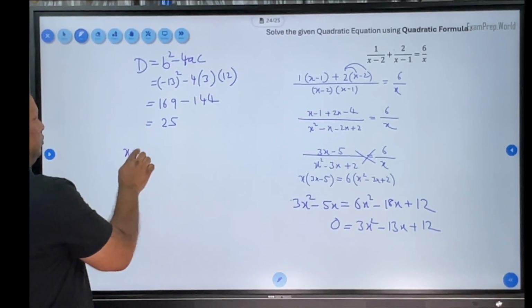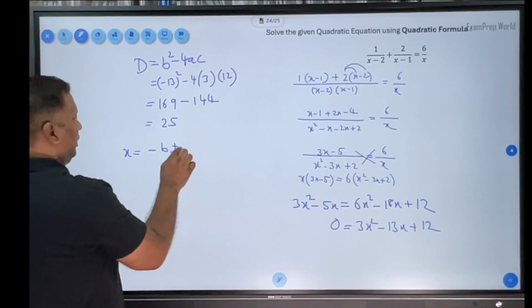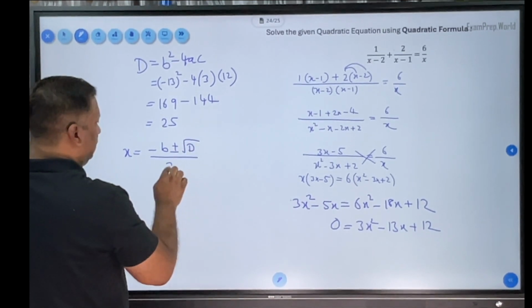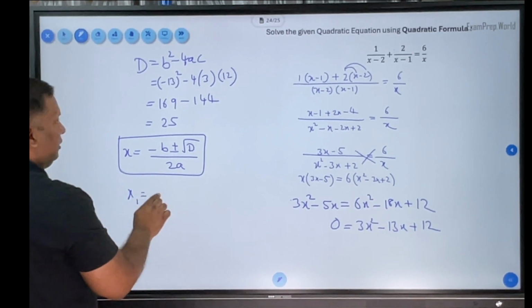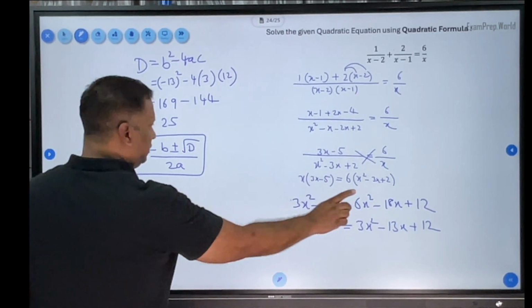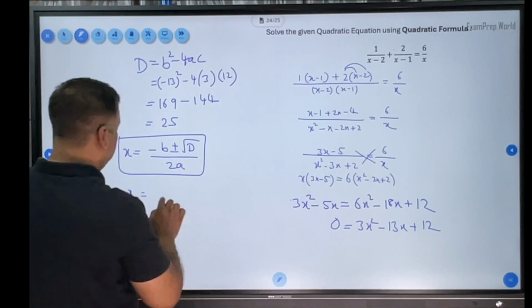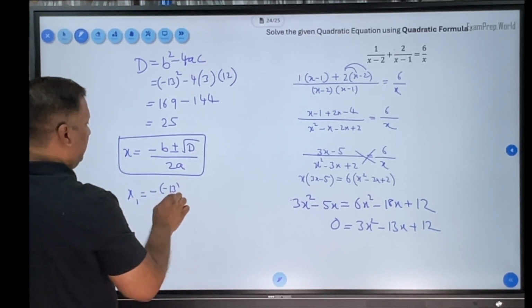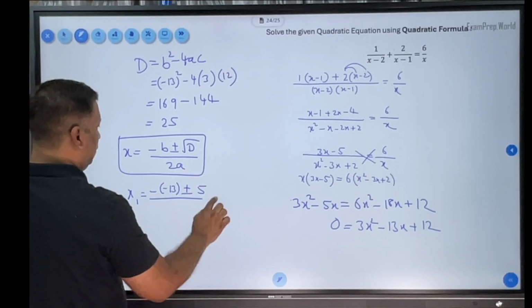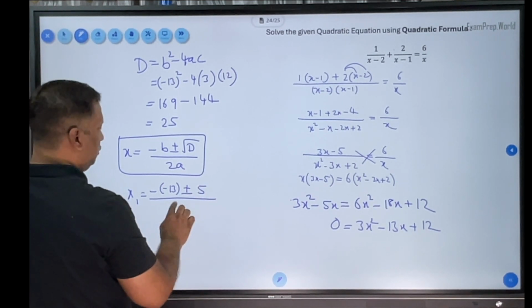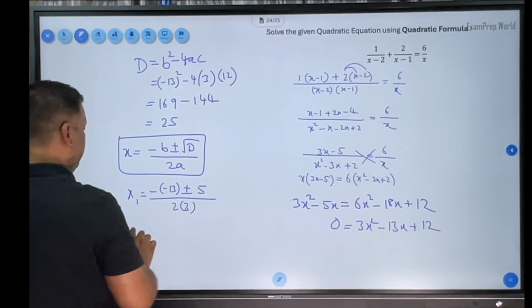So quadratic formula: x equals minus b plus minus root of D over 2a. So x1 will be minus b. b is minus 13 for us. Negative 13 plus minus root of 25, which is 5, over 2 times 3, right?